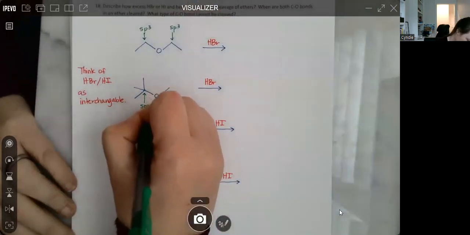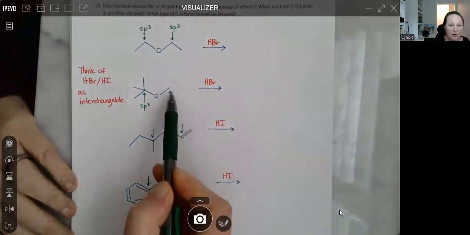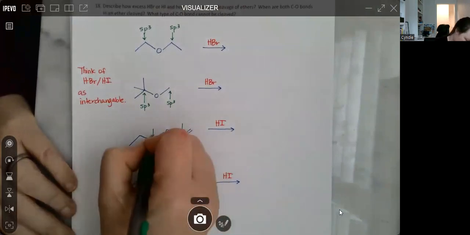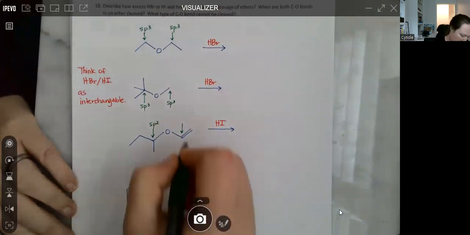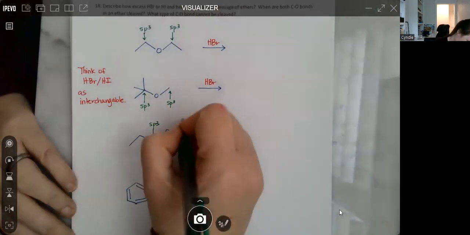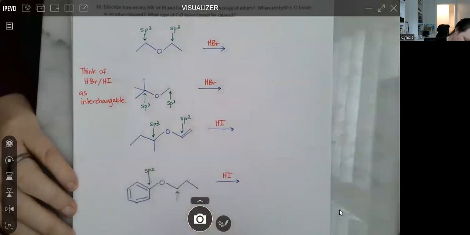Both of these are also sp3. So it doesn't matter if it's methyl, primary, secondary, or tertiary, right? We're just looking at whether or not the hybridization is sp2 or sp3. So far, all of those have been sp3, but this one is sp2, and so is this one, right?